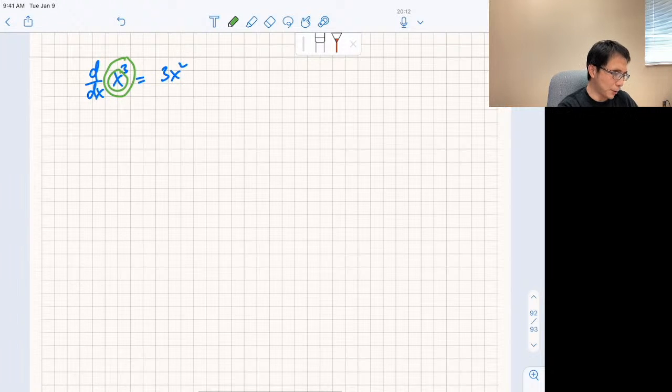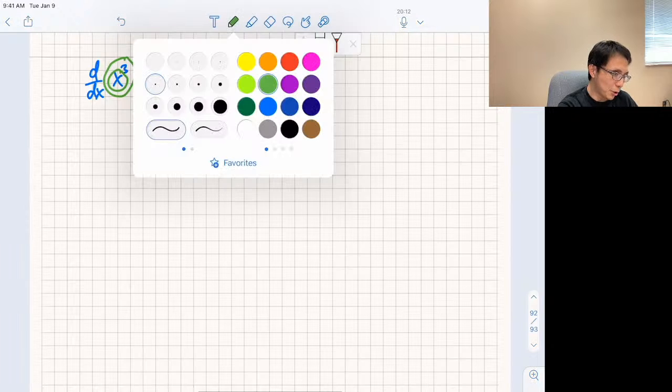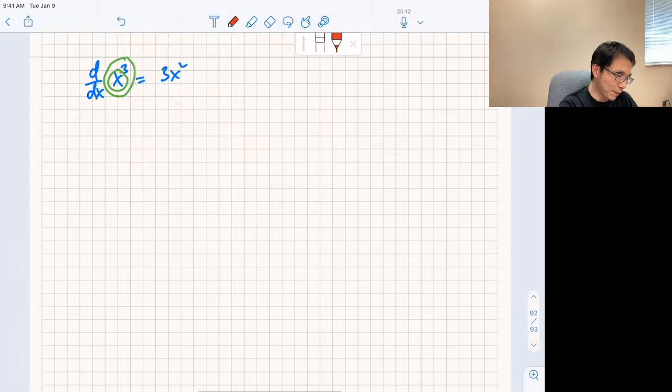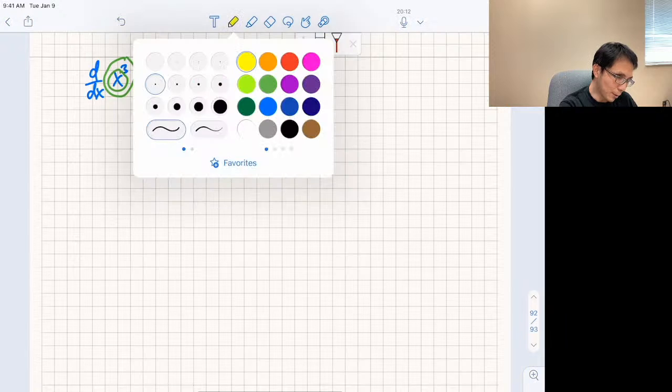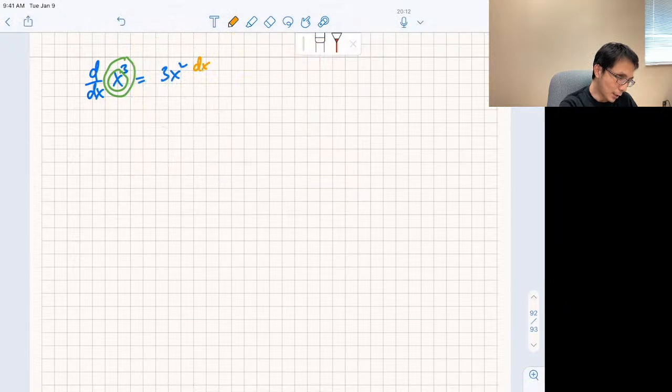If I take a derivative of x with respect to x here, then you should end up with something invisible. What I mean by invisible is this dx over dx. Why is it invisible? Because you have to take a derivative of x with respect to x as a chain rule. But dx over dx we know is 1 because numerator and denominator are the same. So we could write this as 3x squared.